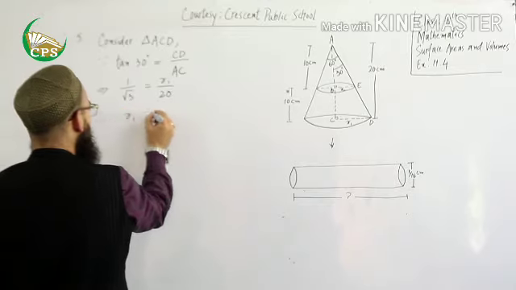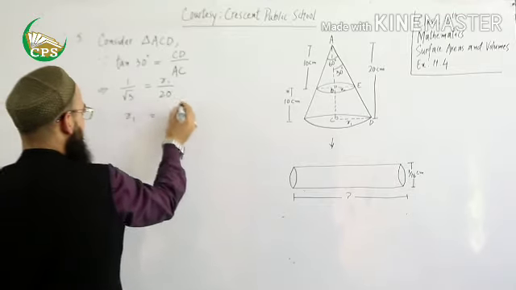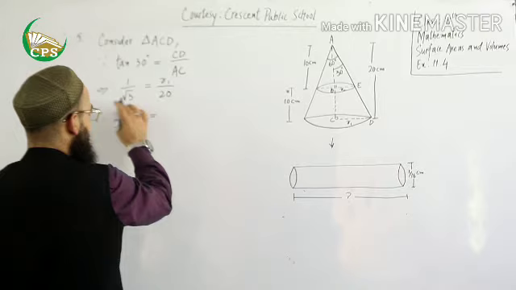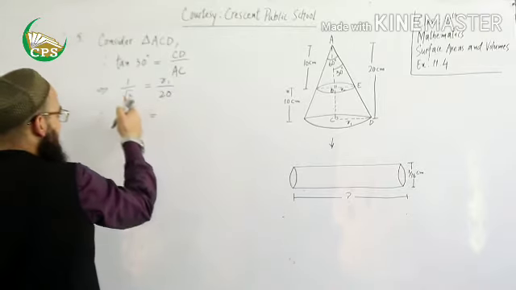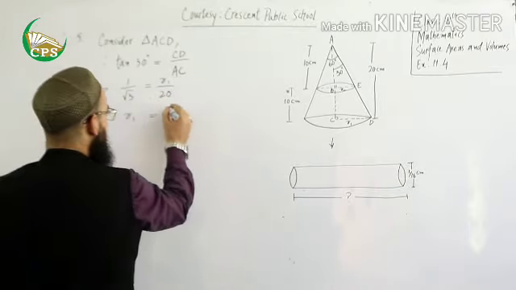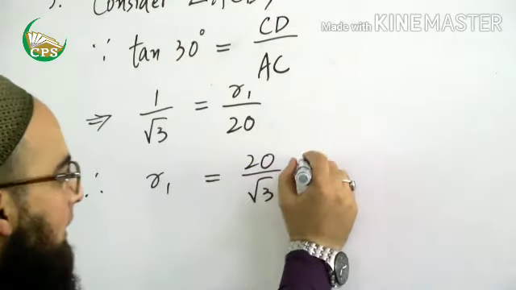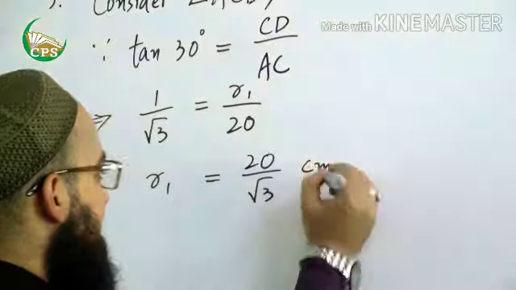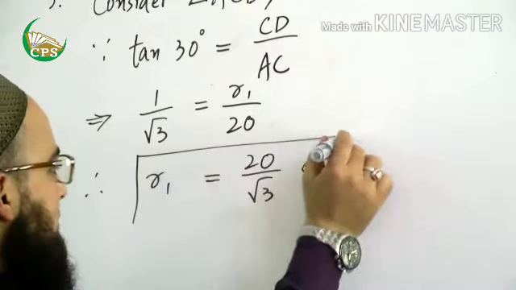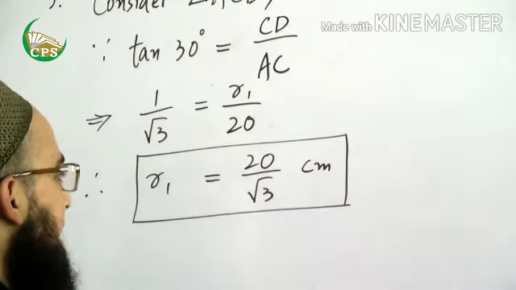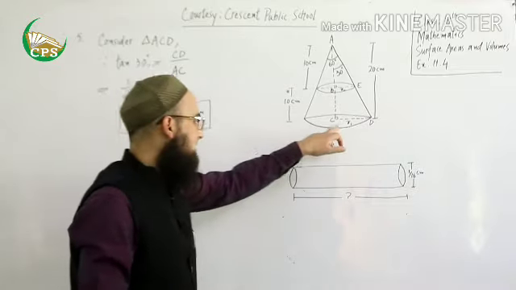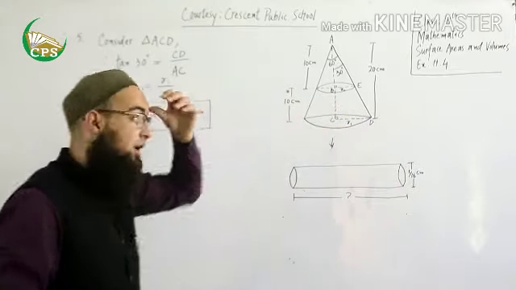Therefore, multiplying 20 throughout, R1 is 20 divided by square root of 3 centimeter. This is your R1, the bigger radius of the frustum of the cone.